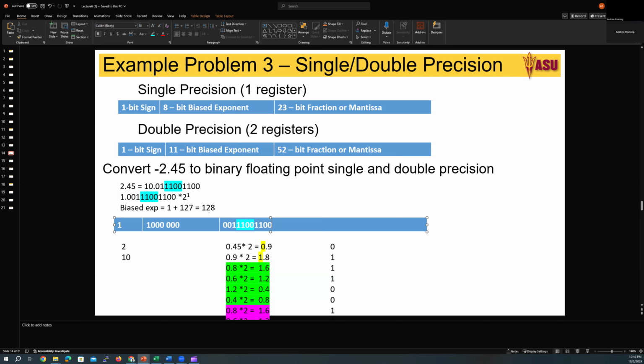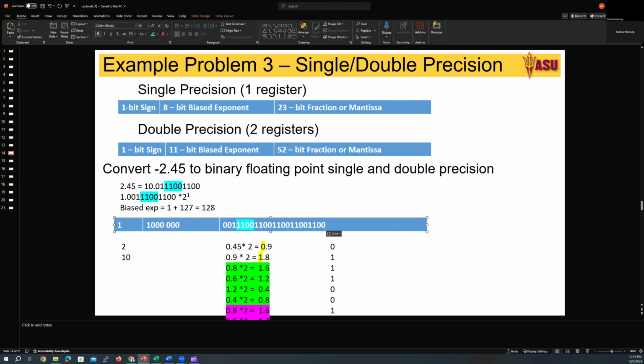So if I keep on adding 4, it's going to be 15, 19, and 23. So this is our conversion of binary floating point to single precision.